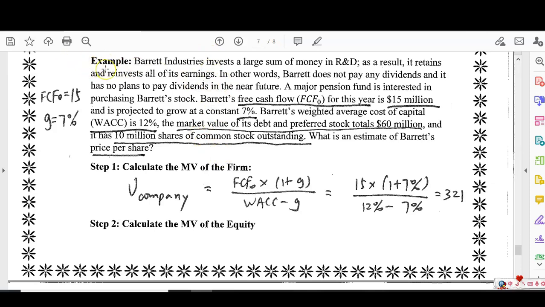And for this second example here, I would recommend you to pause the video now and read this example question on your own and try to work on this question by using 3 steps of the corporate valuation model to find the stock price per share. You can resume the video once you finish working on this question, and we can discuss the solution together.